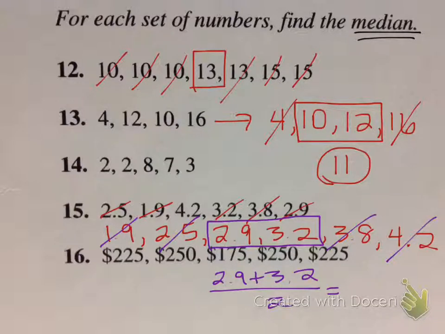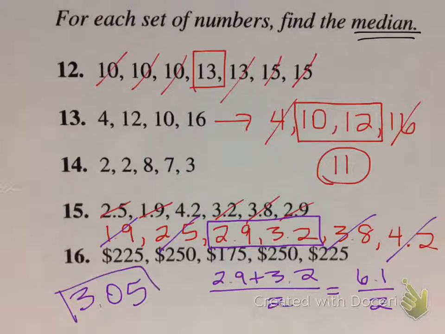So 2.9 plus 3.2 is 6.1, divided by 2 gives me 3.05. I'll put it over here since I ran out of room. That's going to be the median of my data set on number 15.